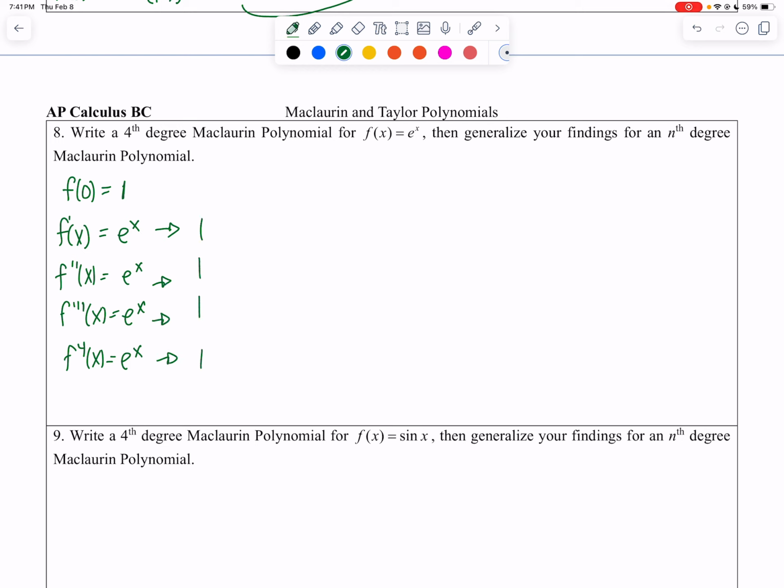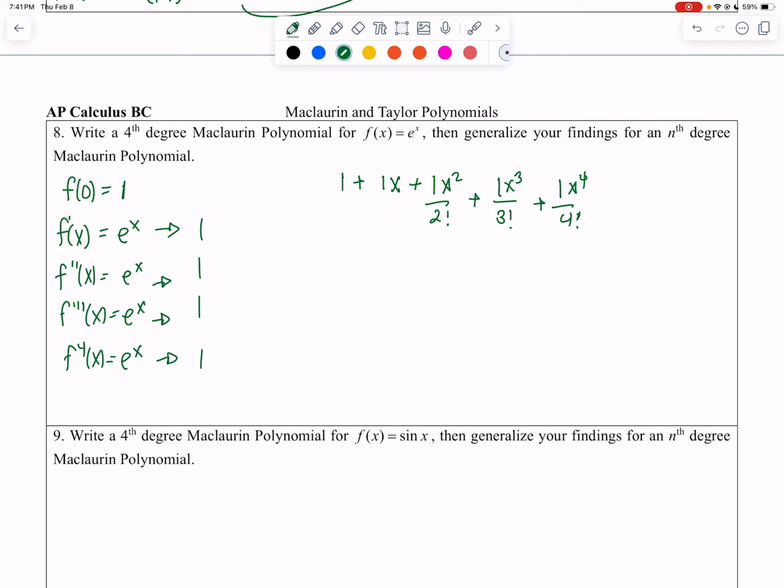Crazy, I know. So now I have my first term plus my derivative, so 1x plus 1x squared over 2 factorial plus 1x cubed over 3 factorial plus 1x to the 4th over 4 factorial.